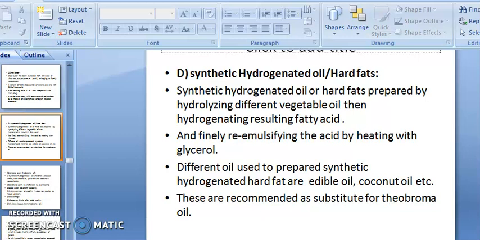These are recommended as substitutes for theobroma oil.